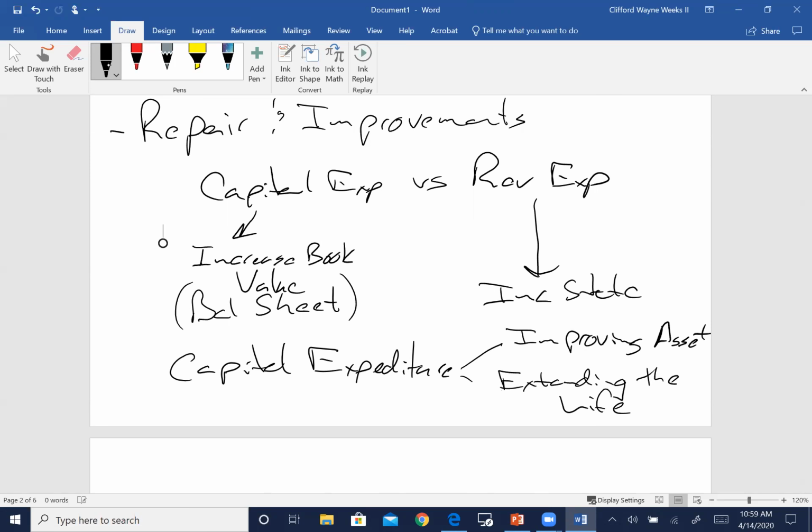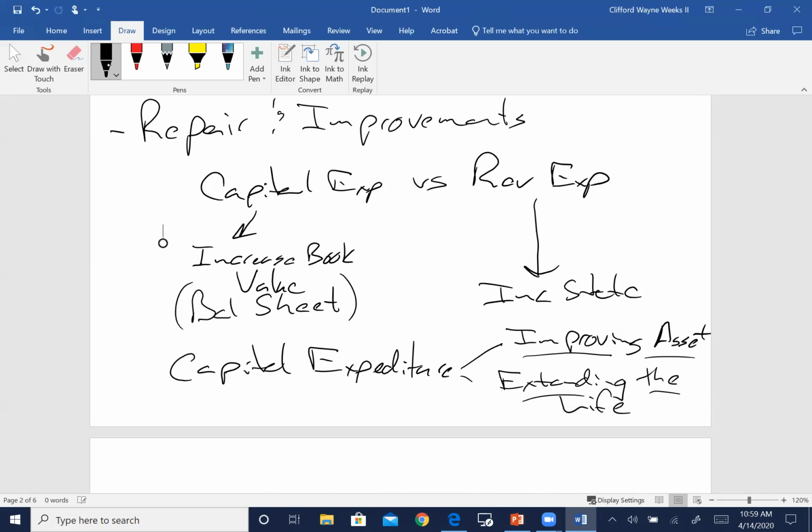Okay, and so examples of this, and improving the asset, and we talked about this when we actually worked the problem, would be putting a hydraulic lift on the back of a delivery truck. All right, so we had the delivery truck, we had purchased it, and then a few years later we add a hydraulic lift, something that helps load that delivery truck. Right, that would be improving the asset. Okay? In that case, we're going to add it right to the cost of the equipment.